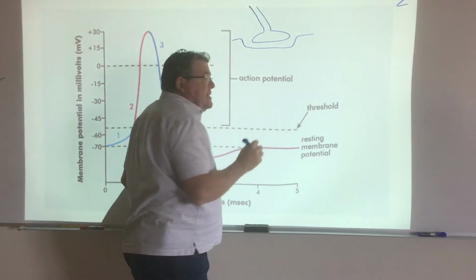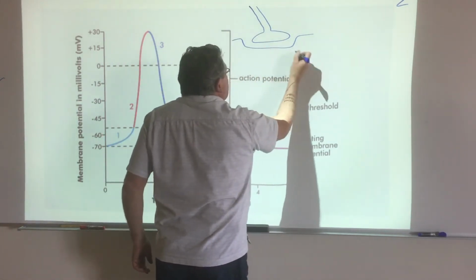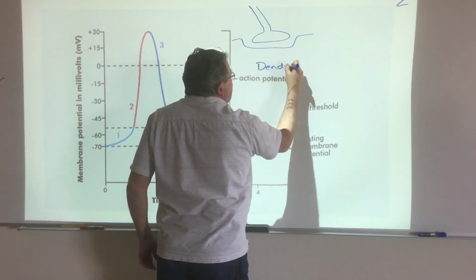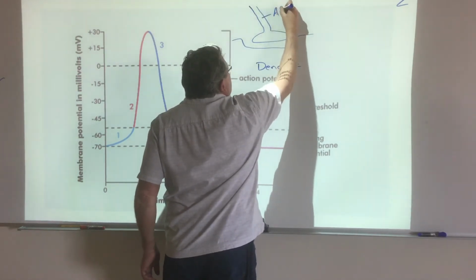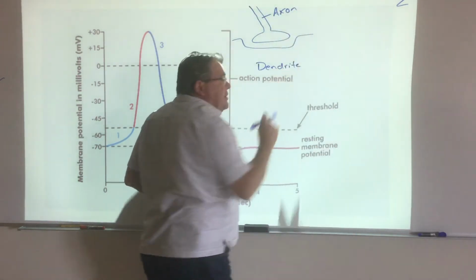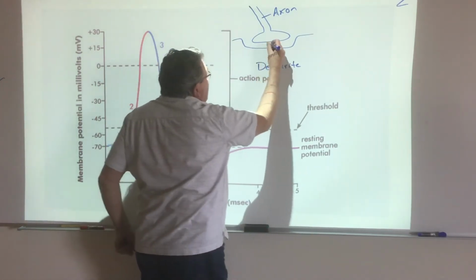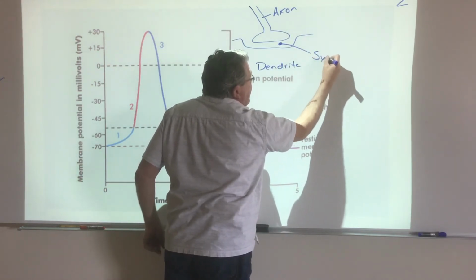There's the end of the axon, that axon terminal or bulb. And let's say this is a dendrite down here. They don't touch. There's a gap. This tiny gap right here is known as a synapse.